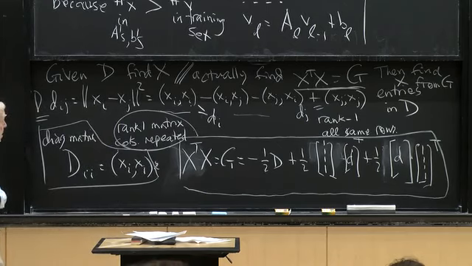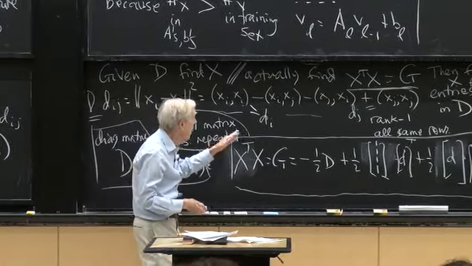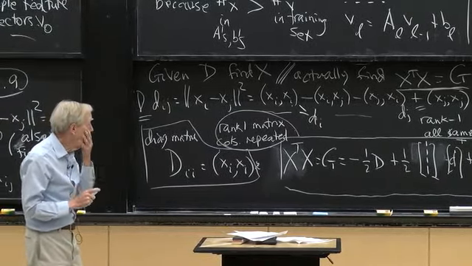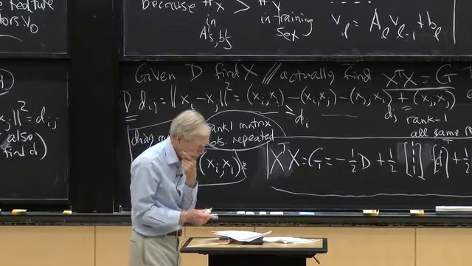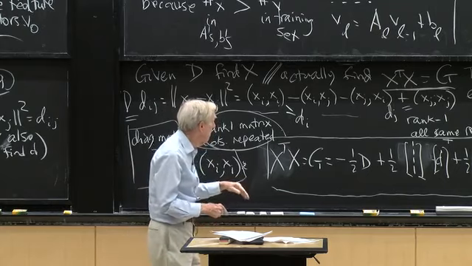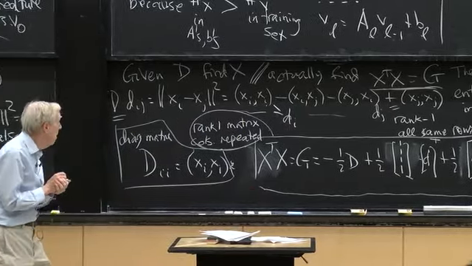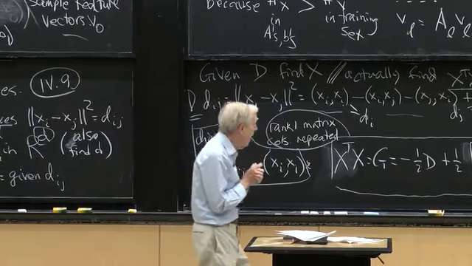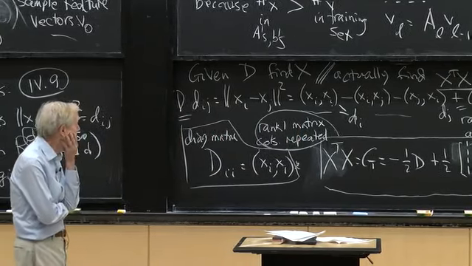So I have 2 of those, and I'm going to take half of that to get D, I think. I guess I'm not seeing right away why this half is in here, but I think I had it right, and there's a reason.